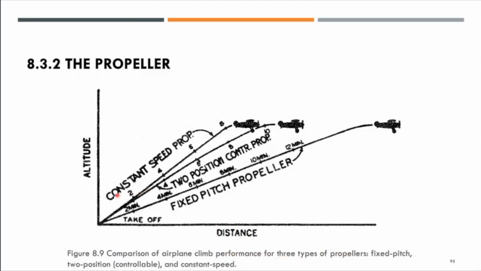For the fixed pitch propeller, it can go very far compared to the 2-position control propeller and the constant speed propeller, which can climb to altitude very fast compared to the other type of propeller control. So you can see the difference between the 3 types.